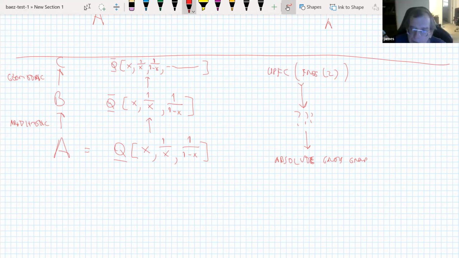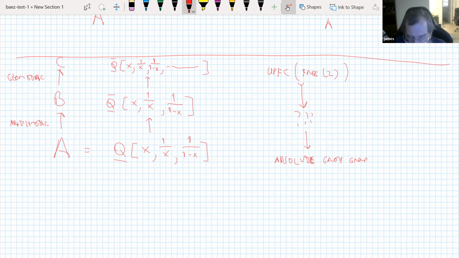Yes. If it's split, then I guess it's just acting on the universal... Yes. So I think pretty much no matter what, it's acting by strict automorphisms of the subgroup.